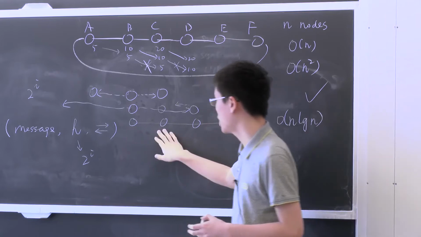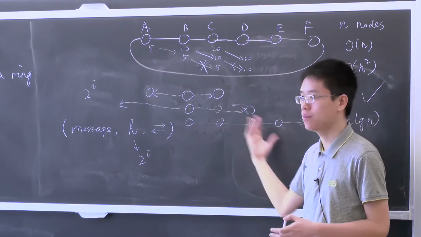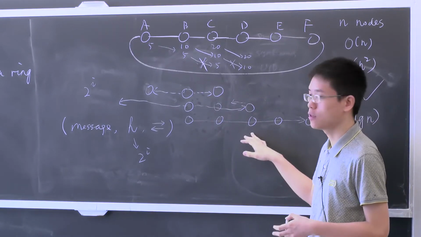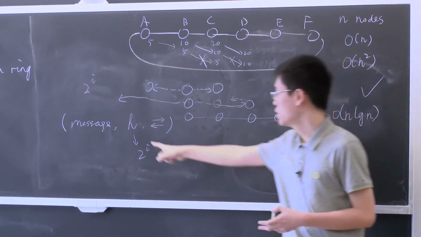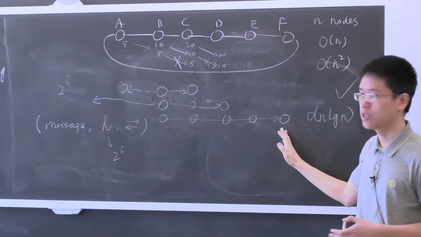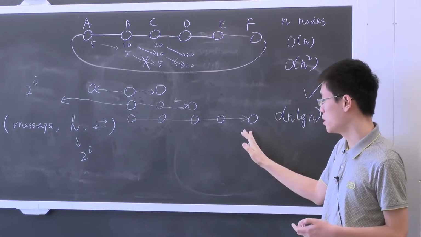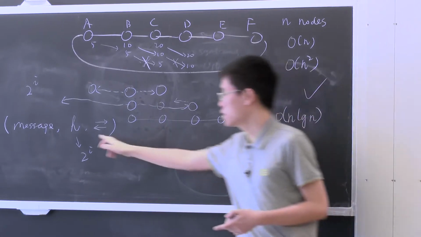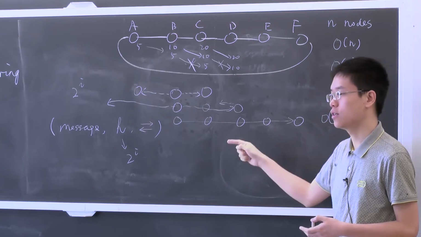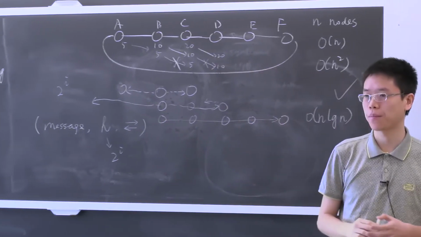Then when a node receives the message, it will decrement the hop count and pass it along. Every node, when forwarding the message, will decrease that h by 1. And finally, when it reaches the endpoint, that number becomes 0. And when a node sees a message with 0 hop count, it's going to reverse it, send it in the other direction, and again set it back to 2 raised to I.